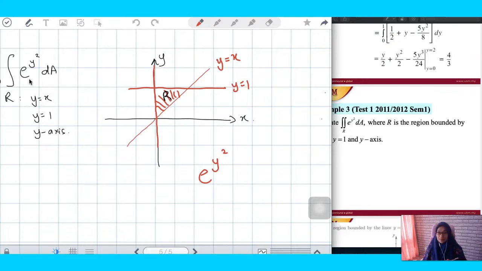Now you have to ask yourself, is it okay if we integrate first with respect to y, and then x, or is it simpler if we first integrate with respect to x, then y?